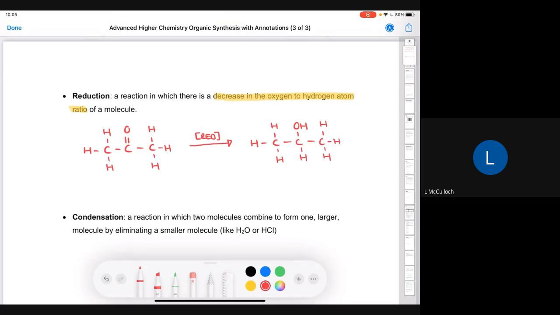Again, if we look at the oxygen to hydrogen ratio, in our ketone it is 1 to 6, and then in our alcohol it's 1 to 8. So we can see that the oxygen to hydrogen ratio has decreased in our reduction reaction.